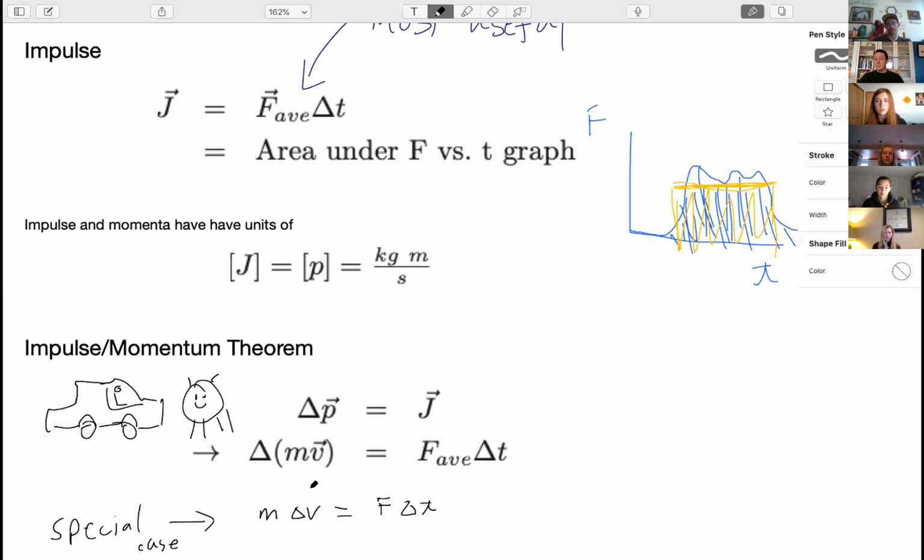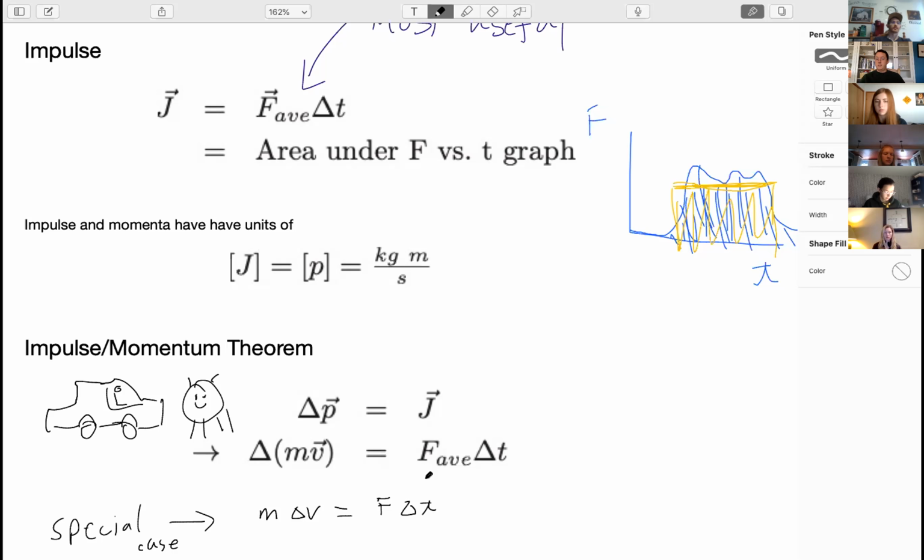Everybody's momentum changed, their mass changed then. Or there's an example in Sapling, and I'm going to work through it, where there's a train car going down the track, and stuff is dumped on it as it goes down the track. And so the mass changes, and so you have to account for that. Okay. So this is the version I would use here. Well, one of these two, whatever is most appropriate for the situation.